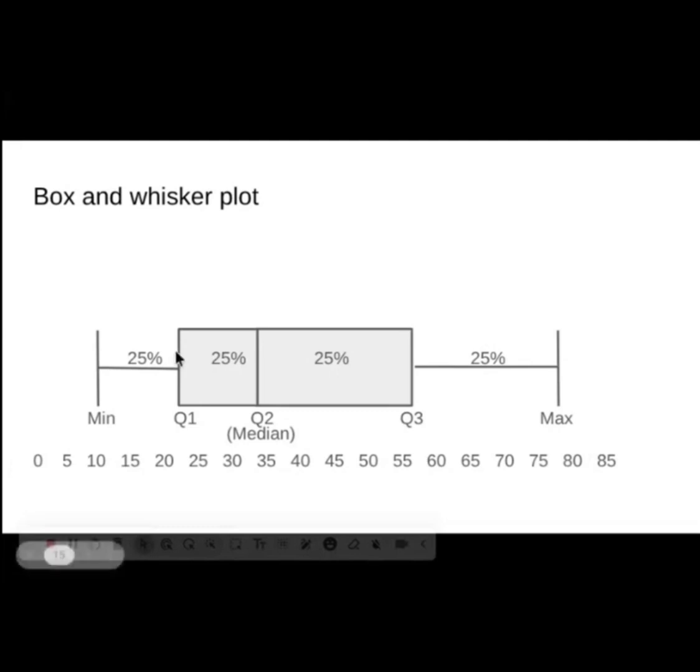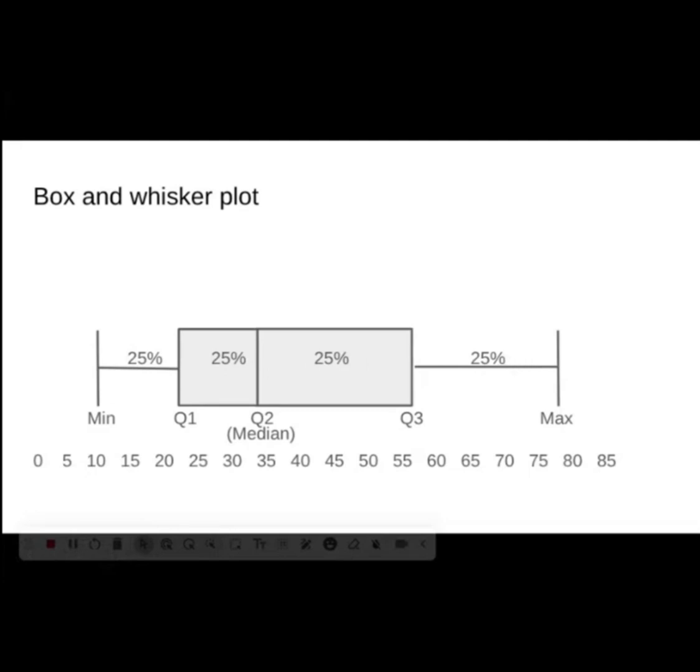That would mean that 1,000 data points go from like 10 to 23, and another 1,000 are between like 23 and like 34, and another 1,000 go from like 34 to 56, and so on. So the numbers are more concentrated in the lower numbers and more spread out in the higher numbers.